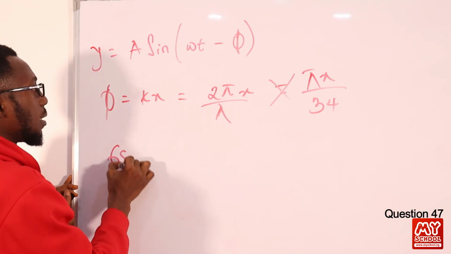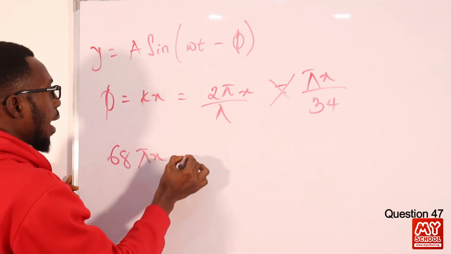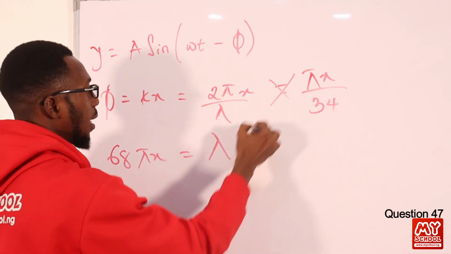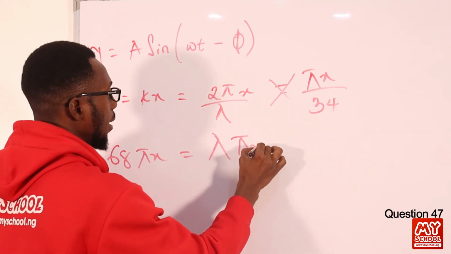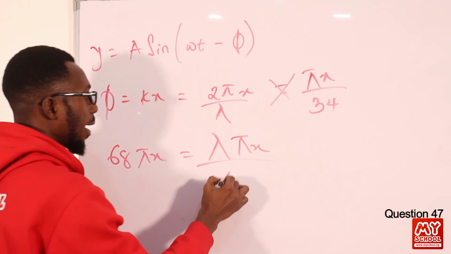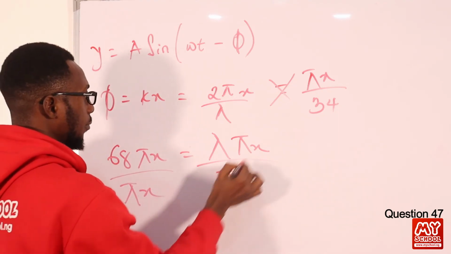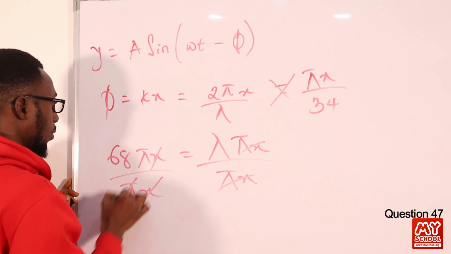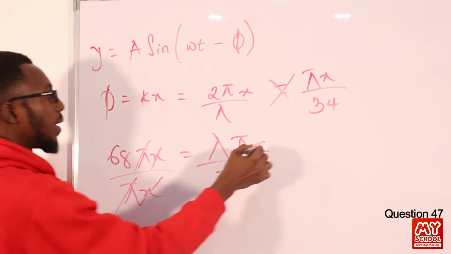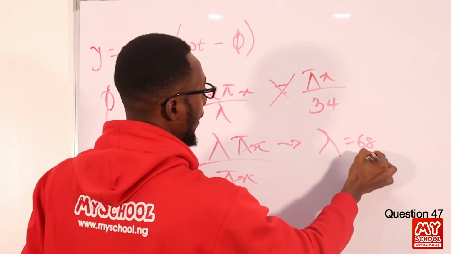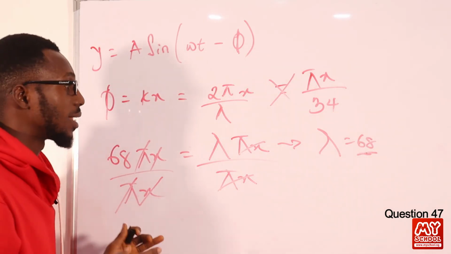So I have 68 pi x equals the wavelength, lambda, times pi x. Dividing both sides by pi x, I can see that my wavelength is 68.